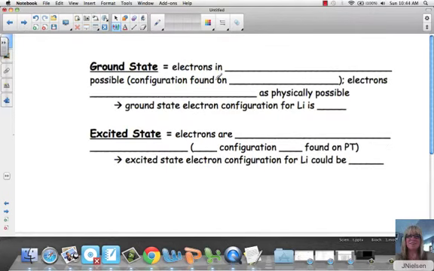Okay, so let's give a formal definition here. Ground state: electrons in the lowest energy level possible. So that's a configuration found on the periodic table.